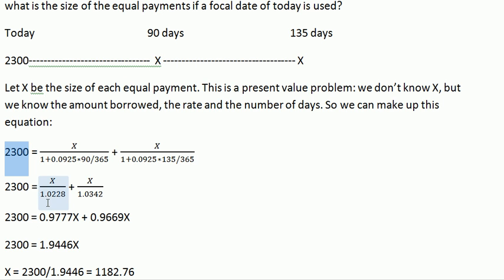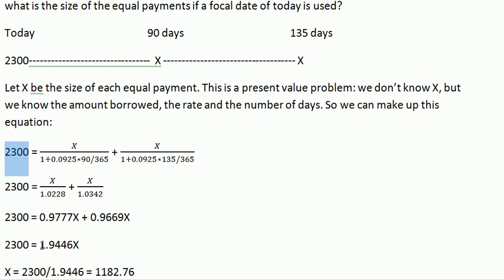We can now use the reciprocal key on the calculator so that we can keep the terms on the right hand side in terms of coefficients of X. So 1 over 1.0228 equals 0.9777x, and the same with the second term on the right hand side.